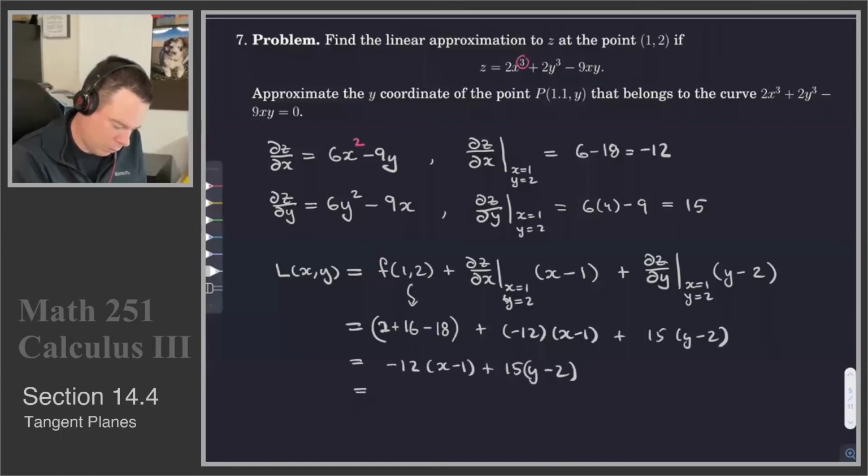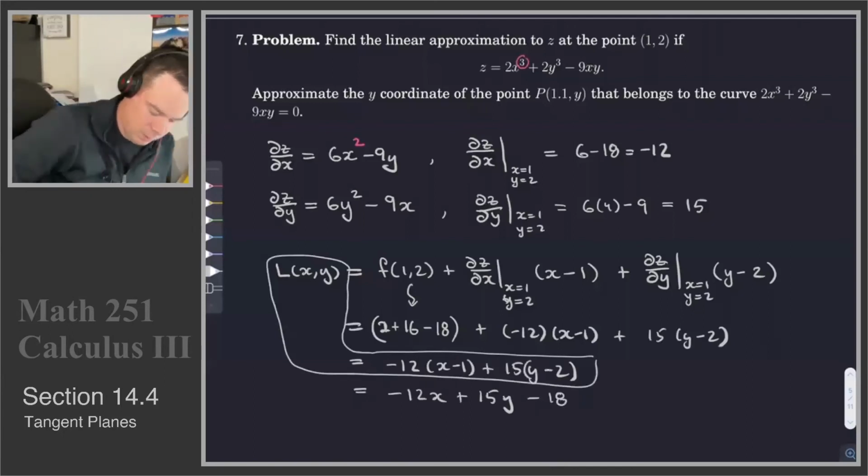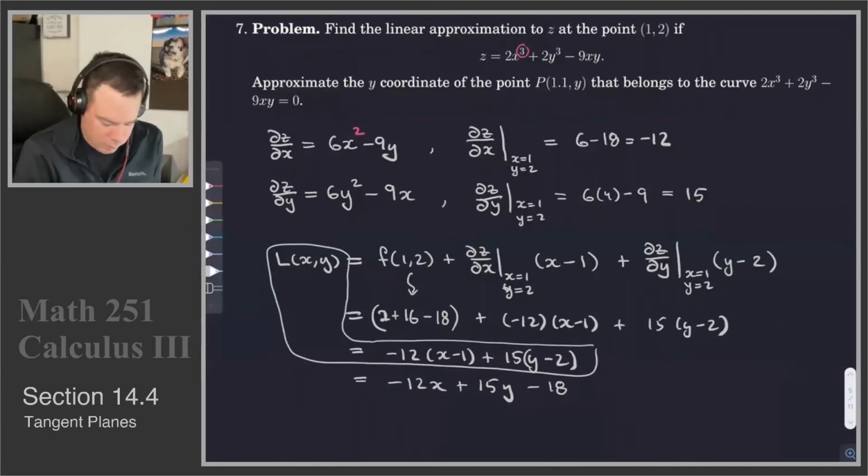Or we could simplify this a little bit and write it as negative 12x plus 15y is equal to, or not is equal to, but the last term is the constant, so that would be negative 30 plus 12, so that would be negative 18. So I'm going to leave it like this, the line before, just because I don't need to simplify it down if I don't have to.